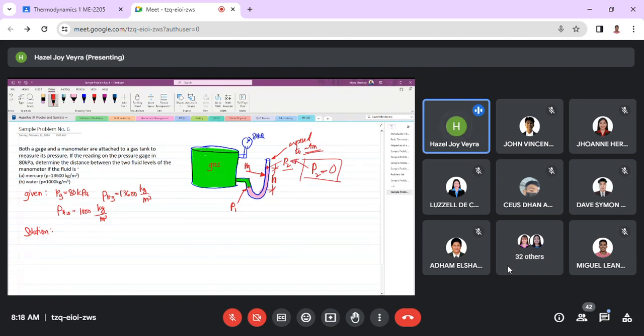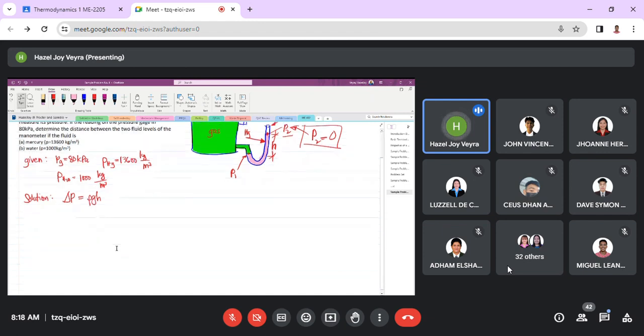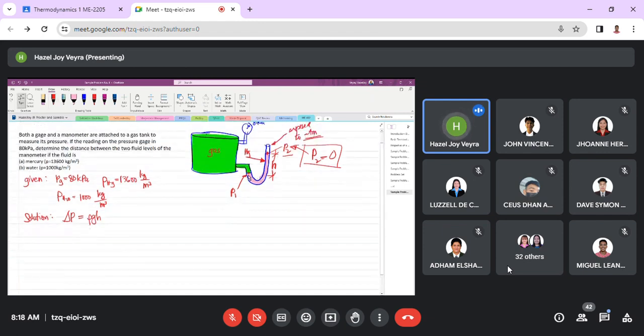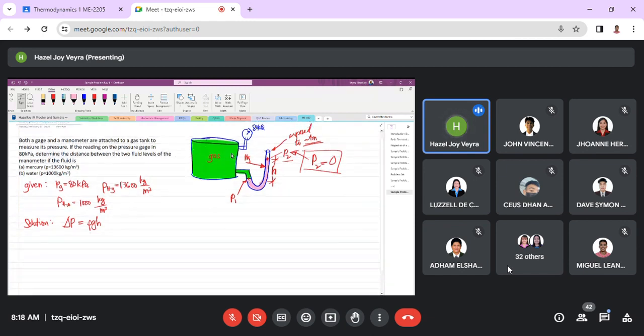So, in order to solve for this problem, we'll use again delta P is equal to rho GH. So, we'll have here the difference between the pressures. So, P1 natin is equivalent to, anong P1 natin? Sige, we're talking about the gas. What will be our P1? Ano yung na-discuss ko a while ago?